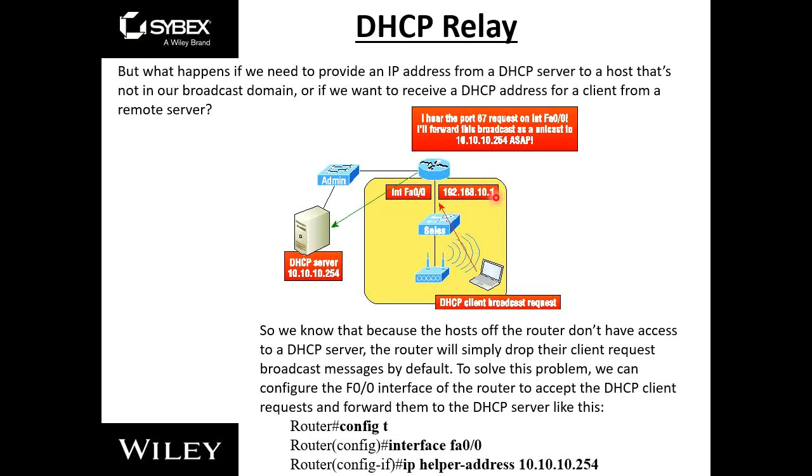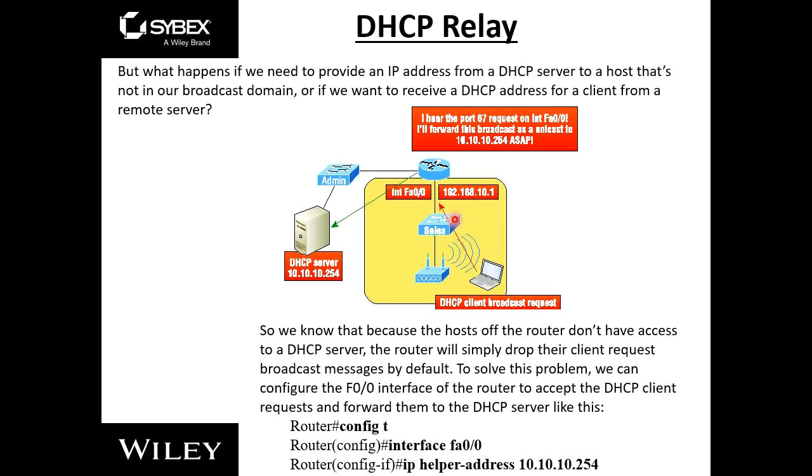And then you have this network segment over here that we need to service, and it's 192.168.10.1. Well, our command is, we go into our router here and get into the global configuration. We specify interface 0/0. You see interface 0/0 right there. And then we specify IP helper address.